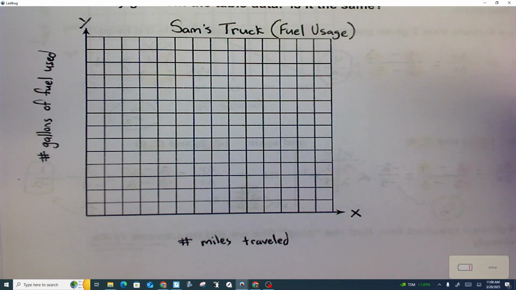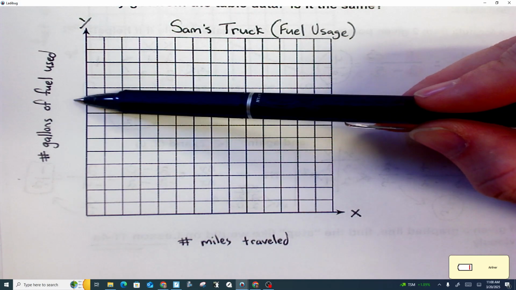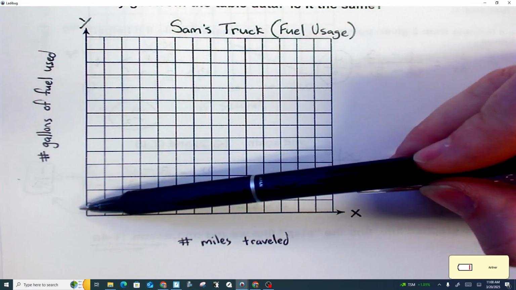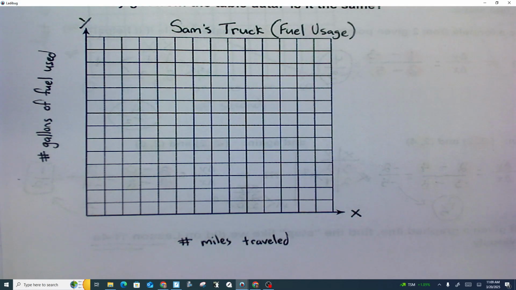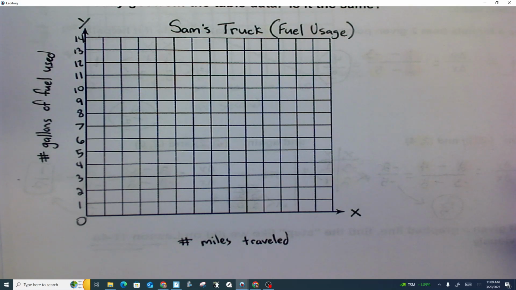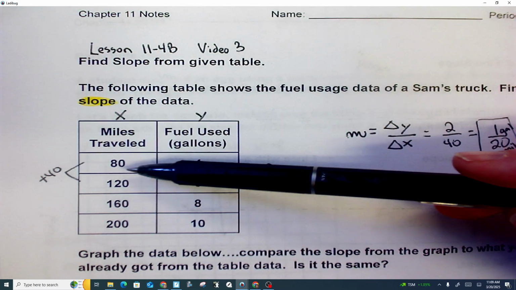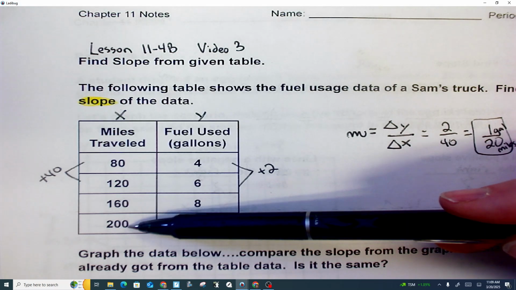And I noticed that the highest number of gallons of fuel used was 10, and so I've got 14 that I can put up through here. So I'm just going to label my y-axis as 1s going straight up. And then looking at my data for the x's, I noticed that it's in increments of 20s, and it goes up to 200.